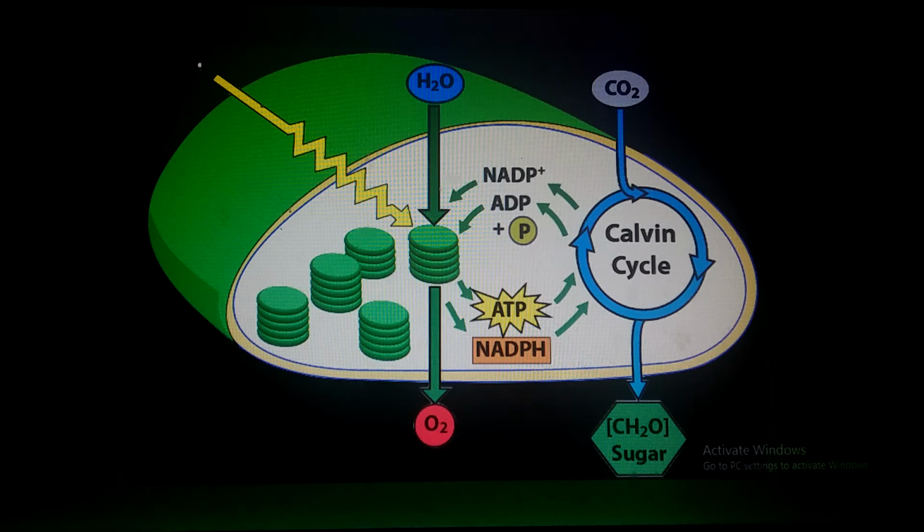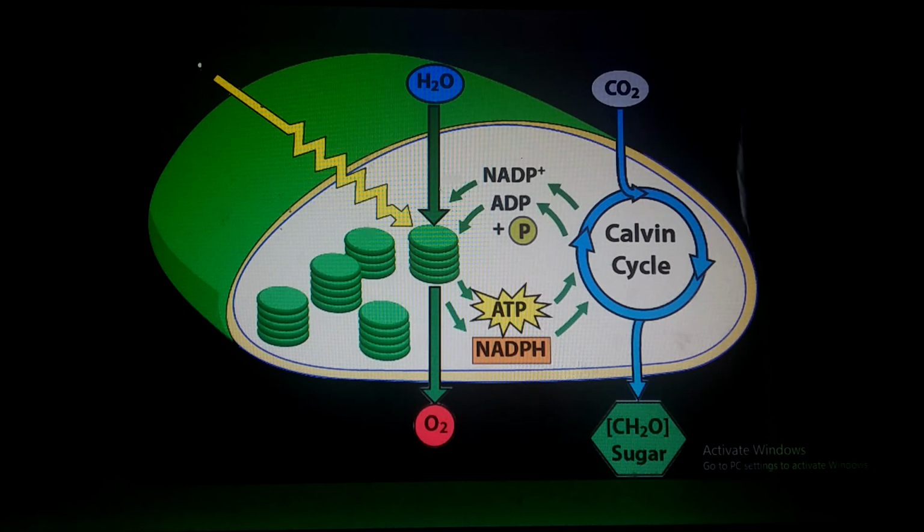As you can see on my right side, this is the granum in which chlorophyll is present and the light reaction occurs in the thylakoid membrane and synthesizes the ATP and NADPH. Then this ATP and NADPH move towards the stroma. This is the granum and this is the stroma.